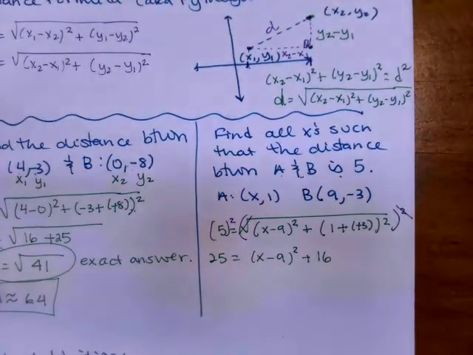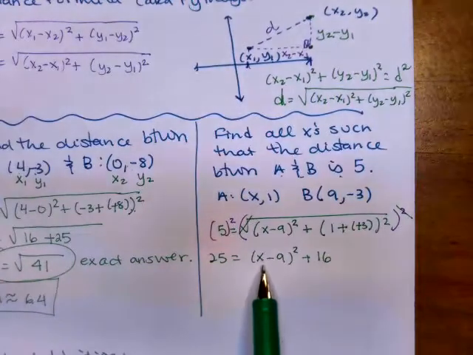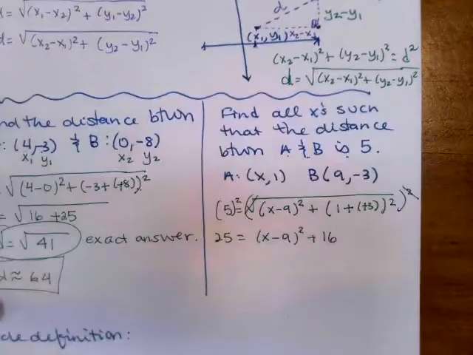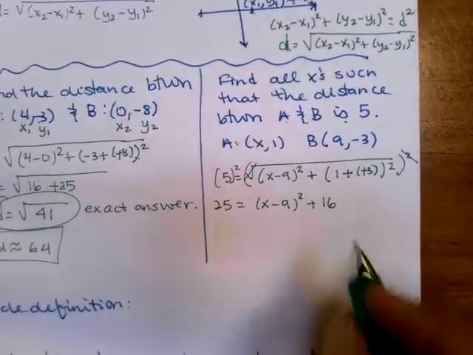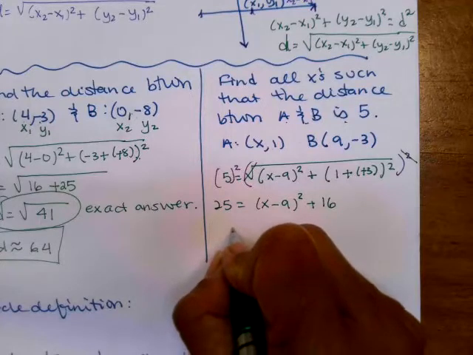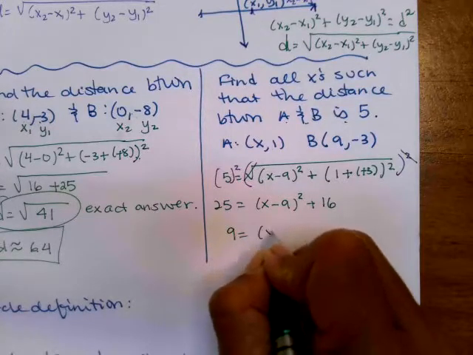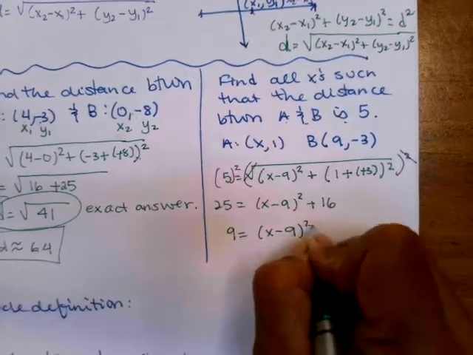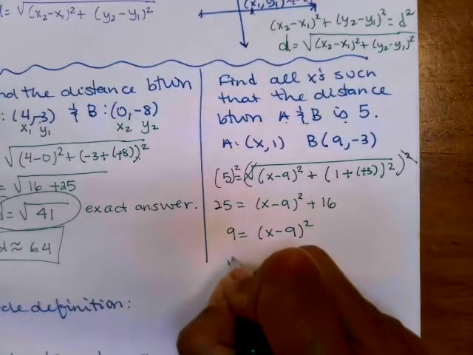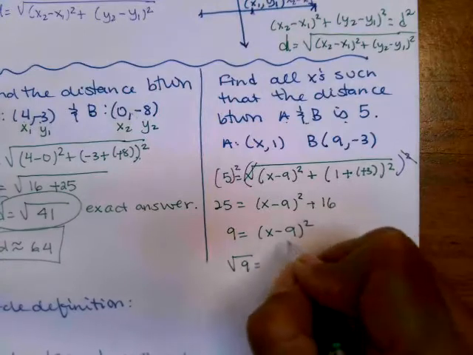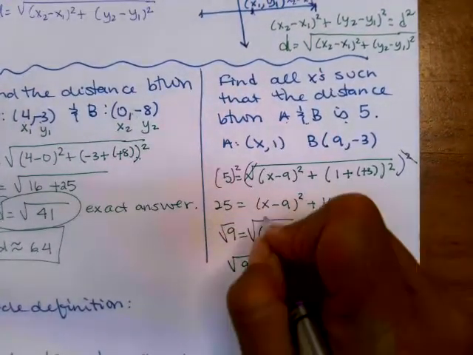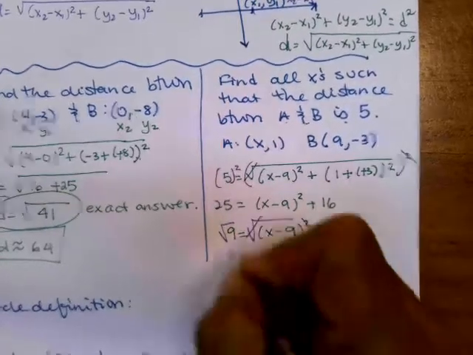Okay. Now you could go ahead and square out your x minus 9. Be careful if you do. I'm going to leave it and use the square root properties, so I will subtract 16 from both sides. That's going to give me 9 equals (x minus 9) squared, square root both sides. So I'm going to get the square root of 9 equals, I'll show you what that looks like. So here's my square root, the square root and the square can cancel there.